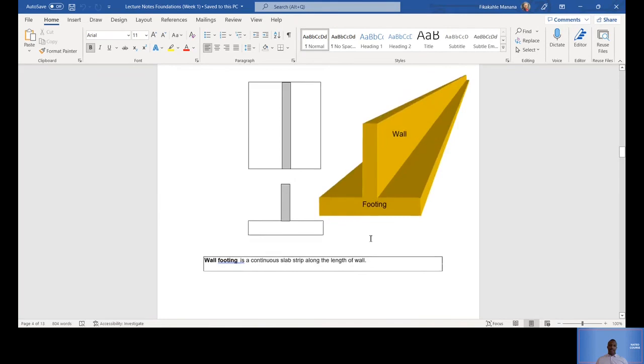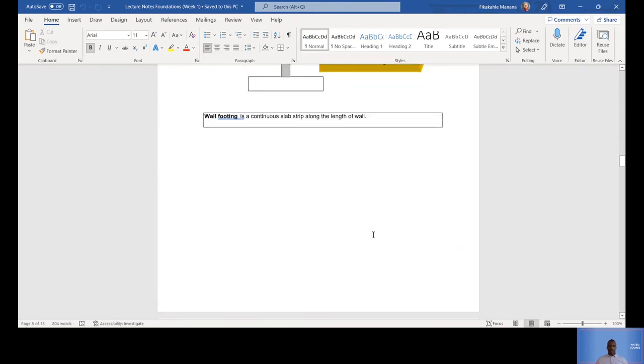Okay, and then this one is called a wall footing because the entire wall of the building is on top of this foundation. Okay, and it's continuous. As you can see, it's no longer isolated, it's not a column, but it's actually the entire wall, and the entire wall is on the footing or the foundation.